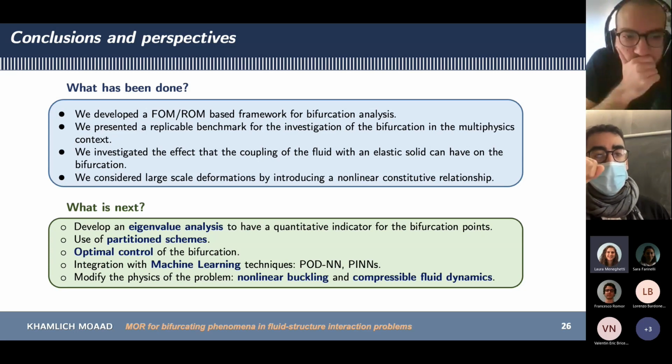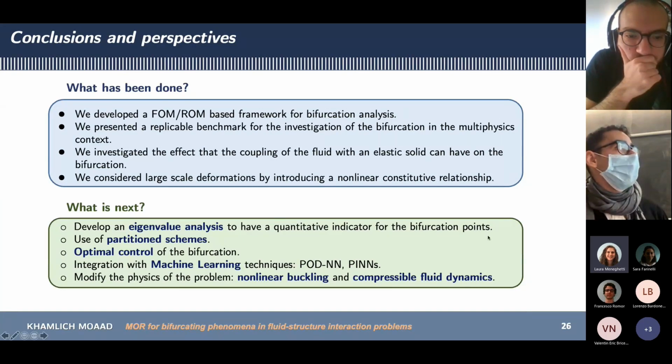Basically, if we perform an eigenvalue analysis, we will be able to exactly analyze the scale of the delay, which is something that at the moment has been done just visually by inspecting the plots.